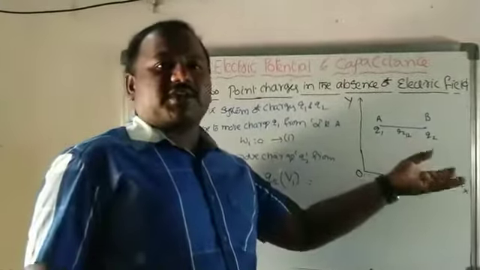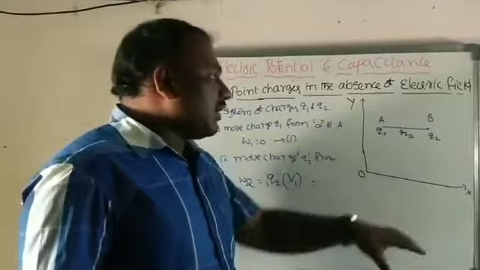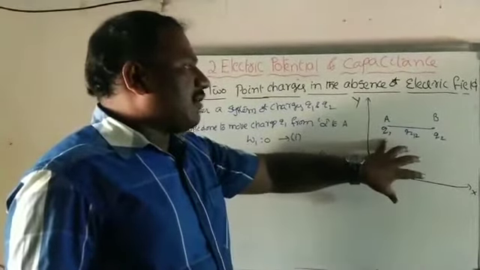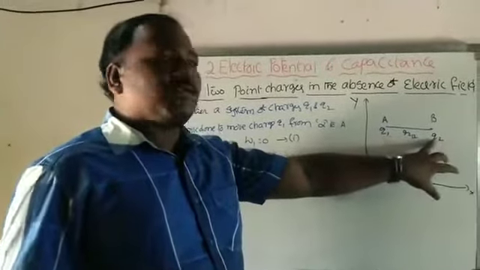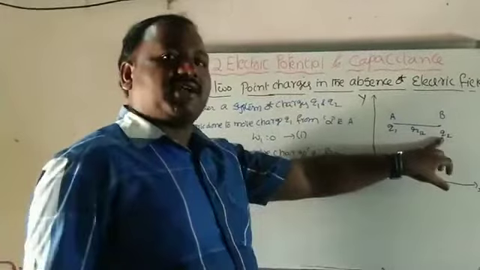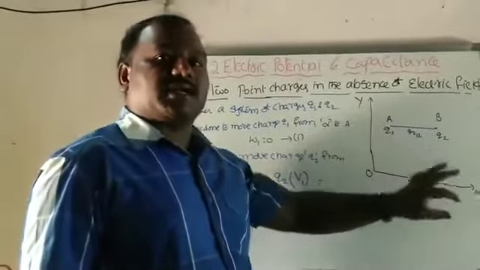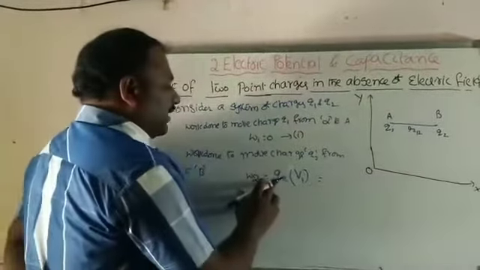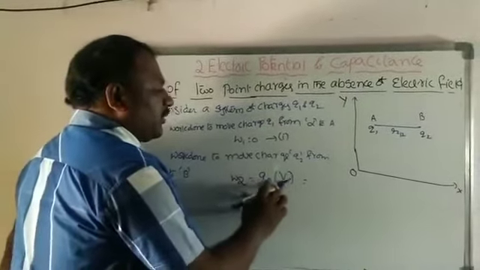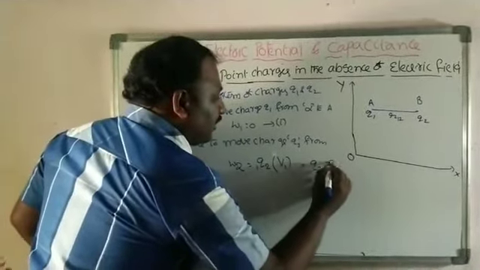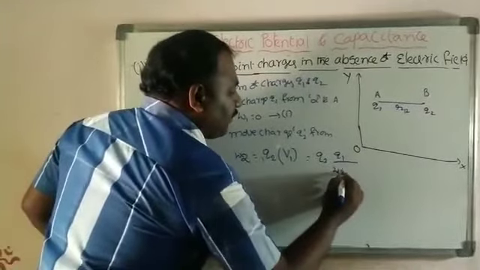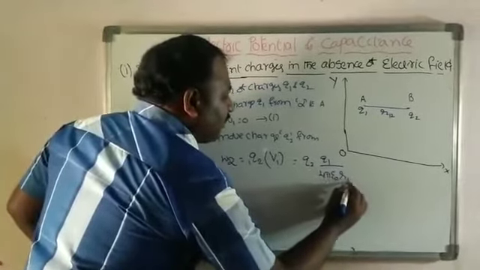Previously there was no electric field, so work done is 0. But now an electric field is formed by Q1. Then we place the charge Q2 from infinity into that electric field region. We do certain work, and that work done can be taken as moving charge Q2 into potential due to the charge 1. That is Q2 into Q1 by 4 pi epsilon naught into R12.